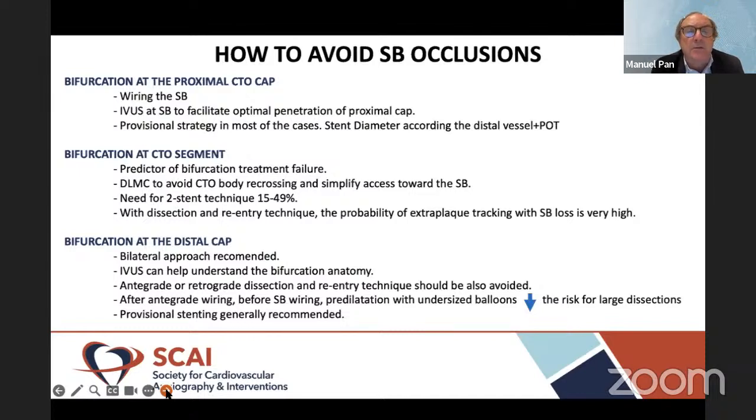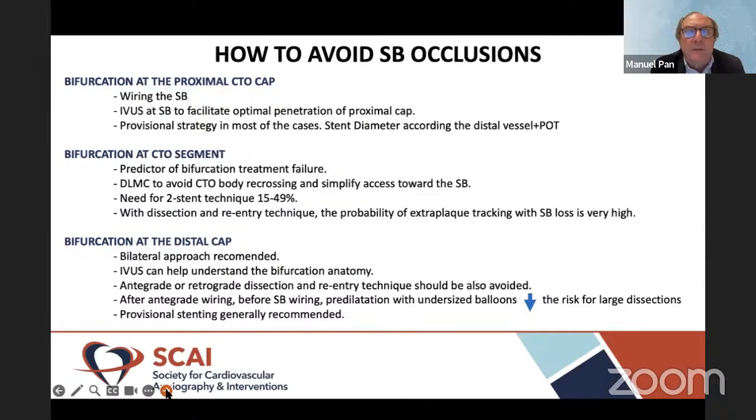Bifurcation at the CTO segment or situated in the distal cap are more difficult to preserve the side branch. The location at the CTO segment is a predictor of bifurcation treatment failure. Double lumen catheter is useful in this situation.